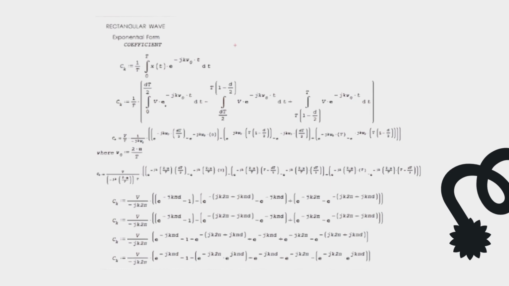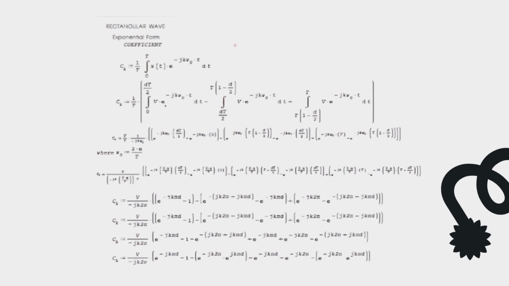So for us to get the exponential form, we'll first find the c sub k, or the coefficient. So c sub k is equal to 1 over t times the integral from 0 to t of x of t times e raised to negative jkw sub naught times t dt.